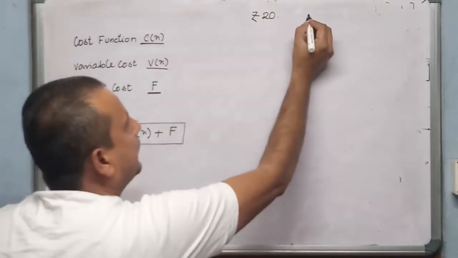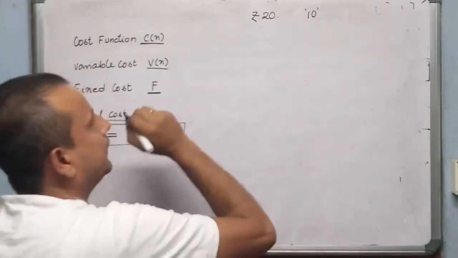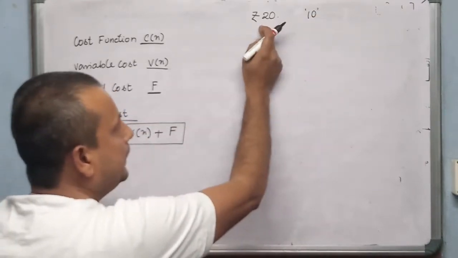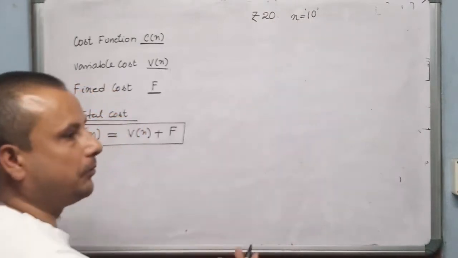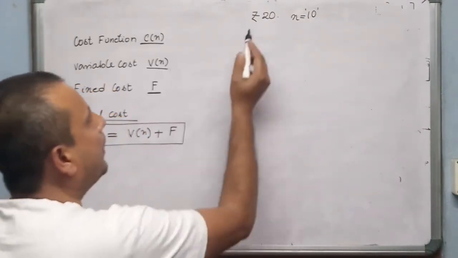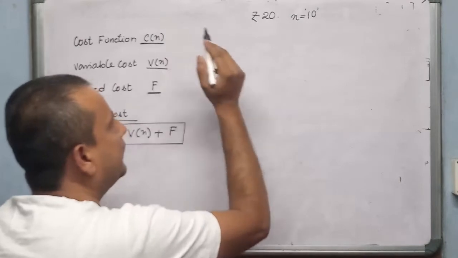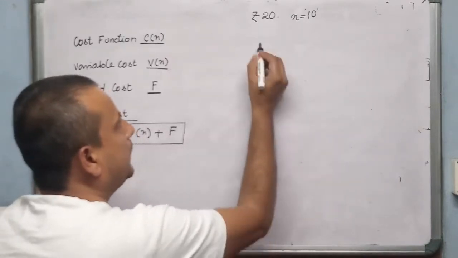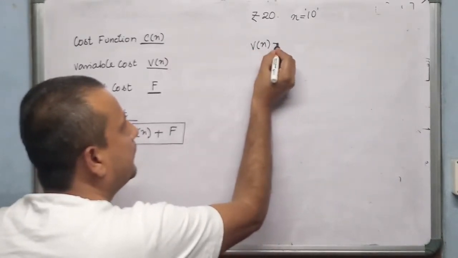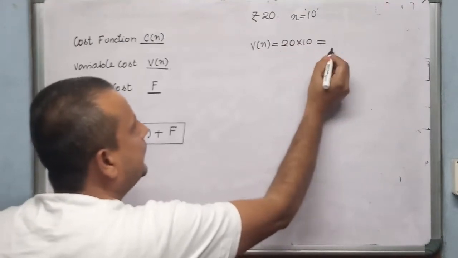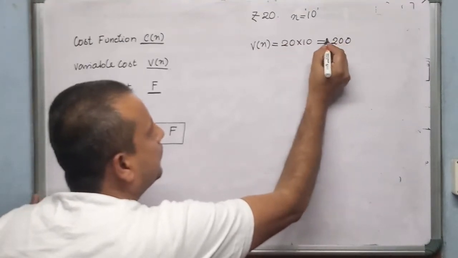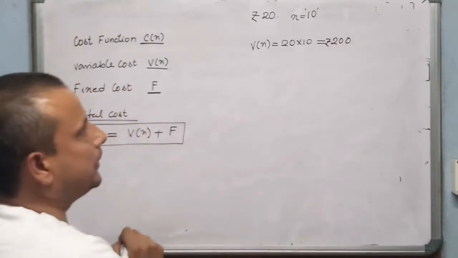If you buy 10 markers, that means x equals 10, the number of units of commodity is 10. Then what will be the cost of 10 markers? The cost of one marker is 20, then the variable cost is 20 into 10, that is 200 rupees.